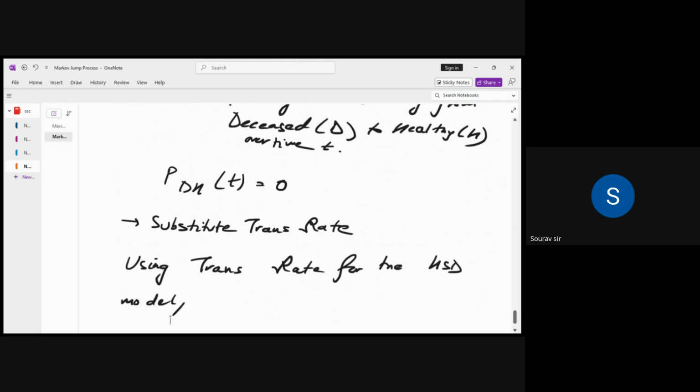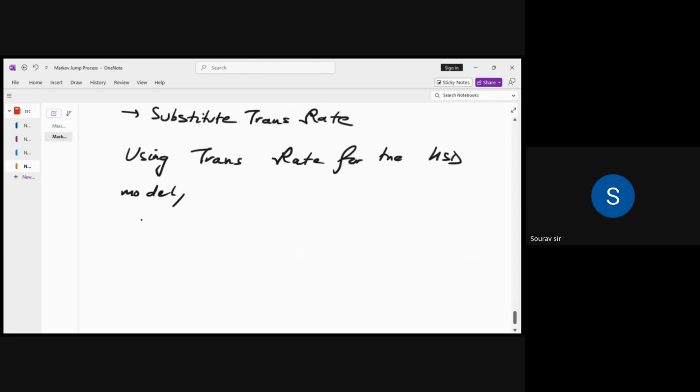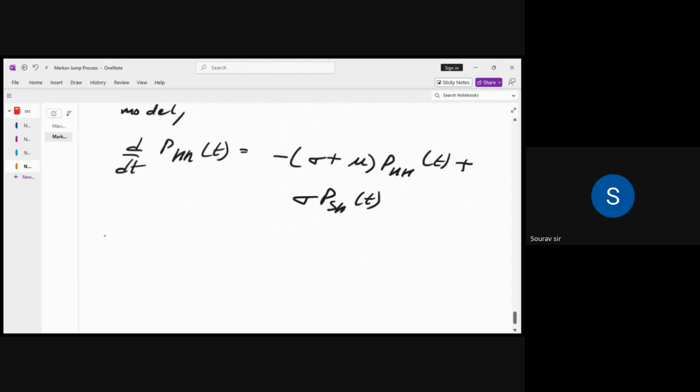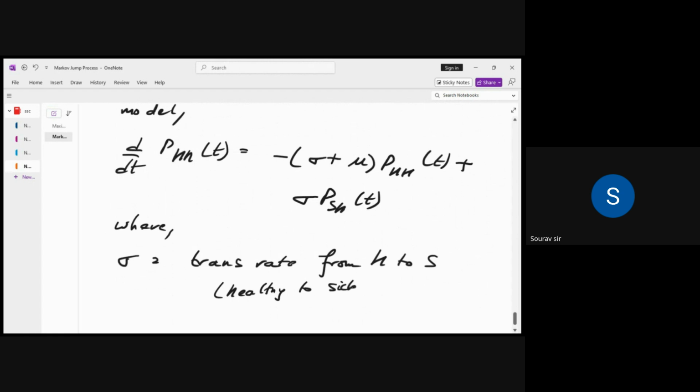How will we rewrite it? d/dt P_HH(t) is minus lambda plus mu, times P_HH(t), plus lambda P_SH(t). Okay. So here, lambda is the transition rate from H to S. That is healthy to sick.